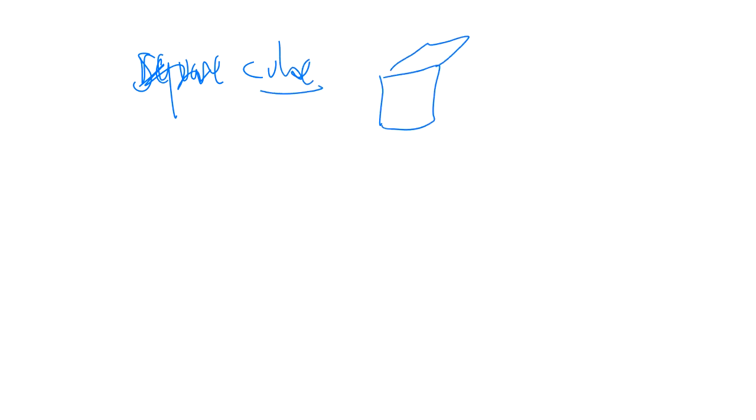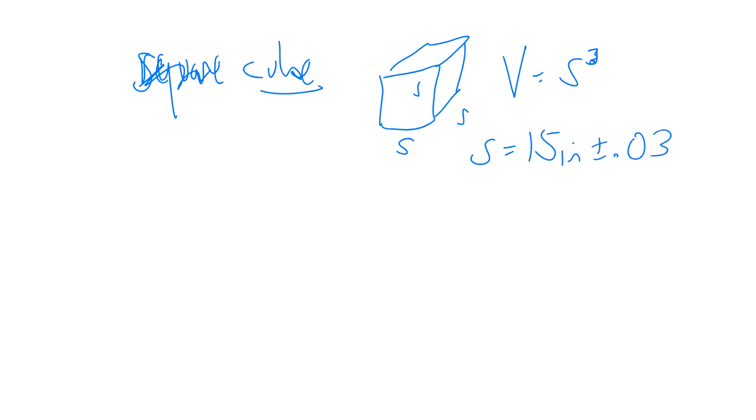Again, a little messy. I'm getting better with this drawing board, but we have a side. When it's a cube, the volume is side cubed, and the side is 15 inches plus or minus 0.03. So that's the error in the side. We would call that ds.